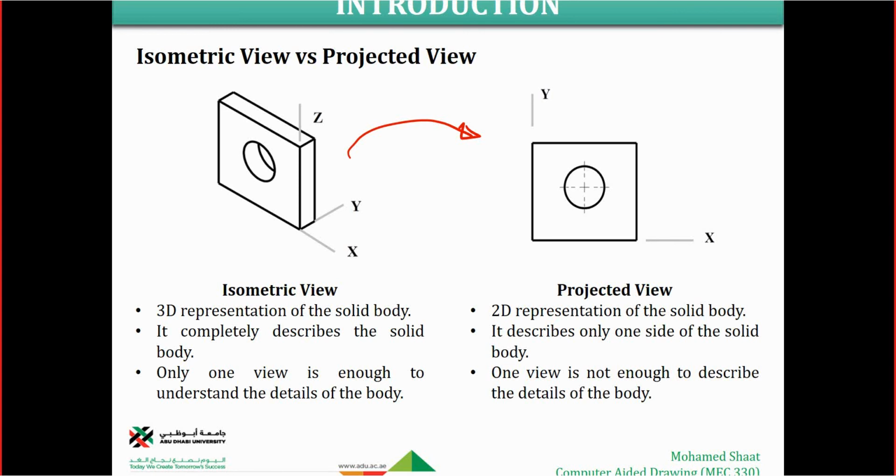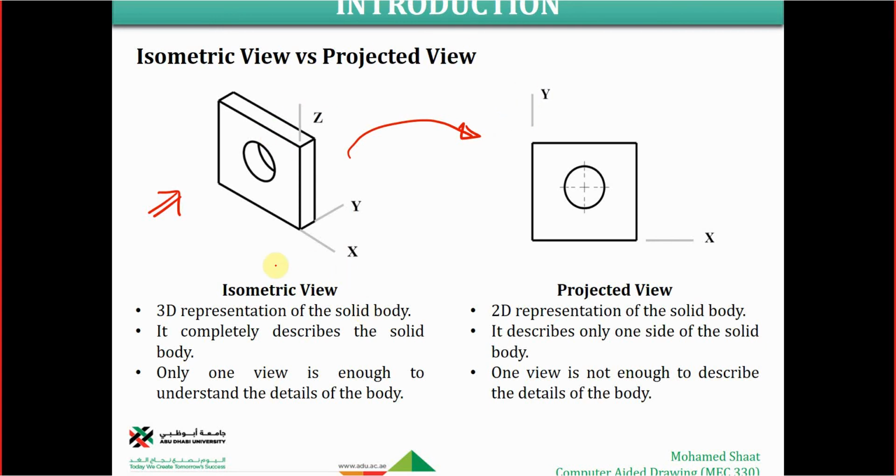These are the projections. Projection is simply how you convert a three-dimensional object. Assume you have a real object that you're handling, and you are required to describe it from different views. So you are doing a projection of a three-dimensional object into two-dimensional views.